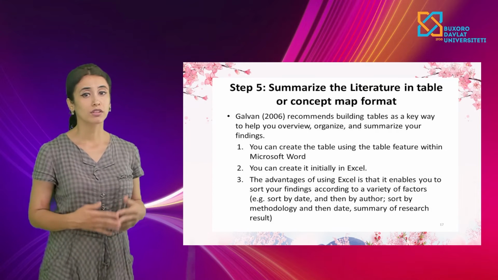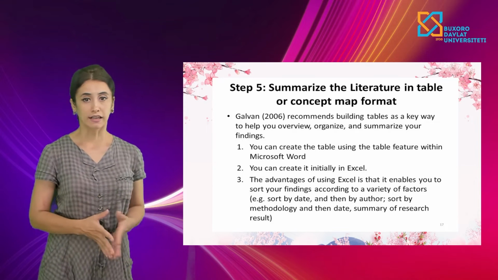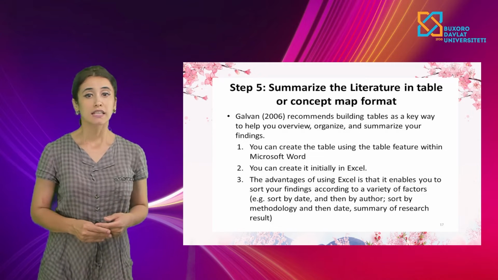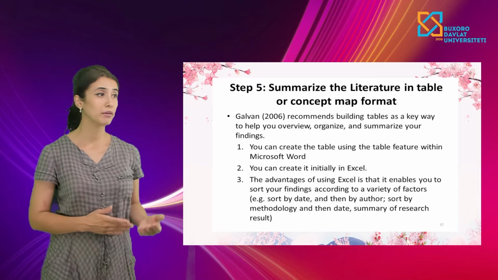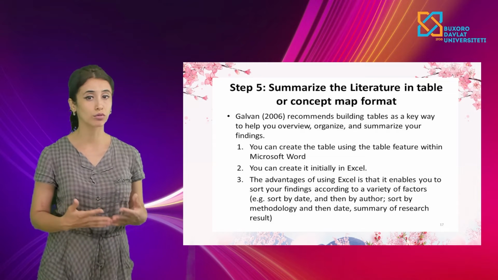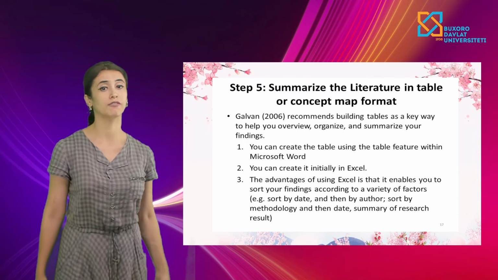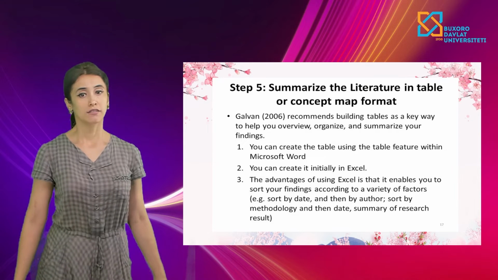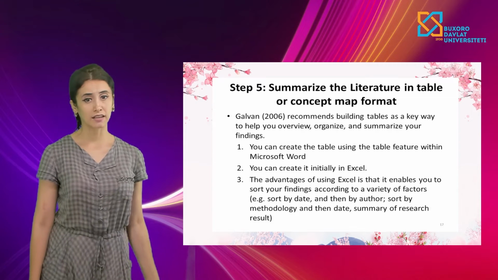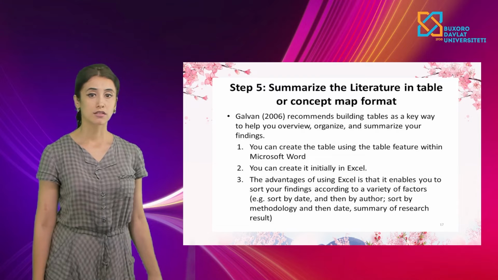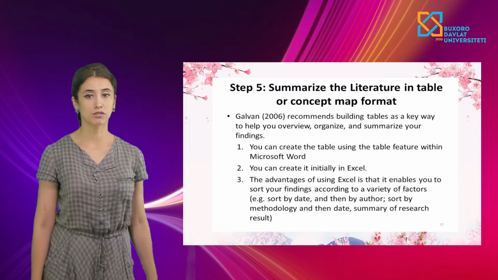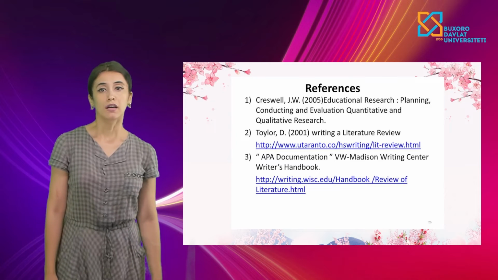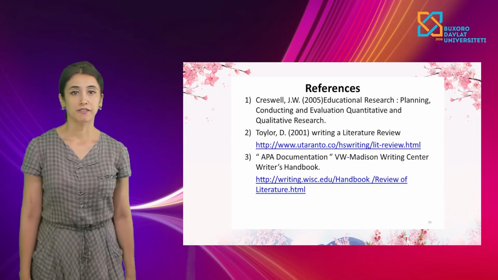The second one, you can create it initially in Excel. The third one, the advantage of using Excel is that it enables you to sort your findings according to a variety of factors. For example, sort by date and then by author, sort by methodology, then date, summary of research results. Now you can see some references.